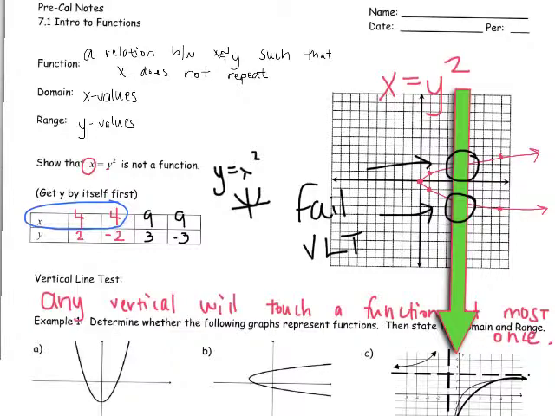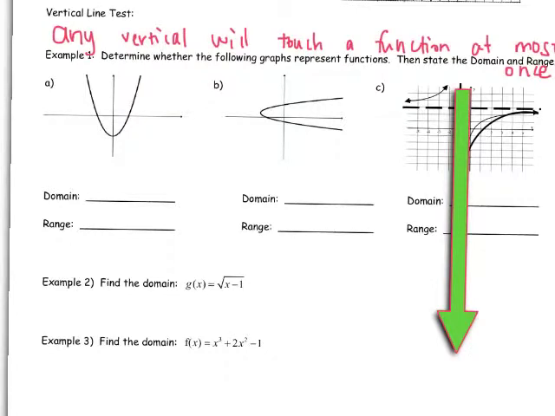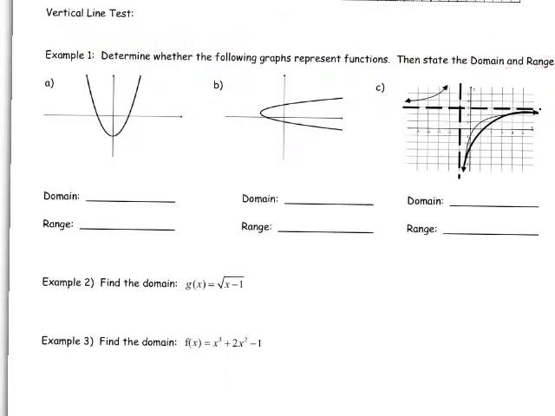Okay? All right, so let's do some more vertical line tests. In example 1, I want you to first say if it's a function, so yes or no, and then state the domain and the range as well. So I want you to look at example 1a and decide if you think that's a function or not.